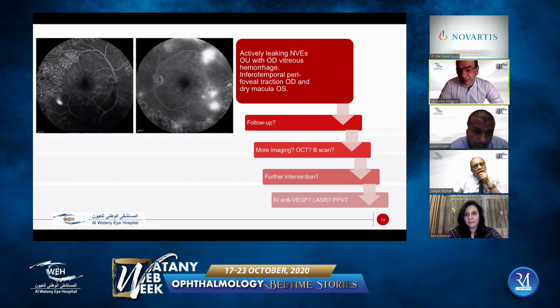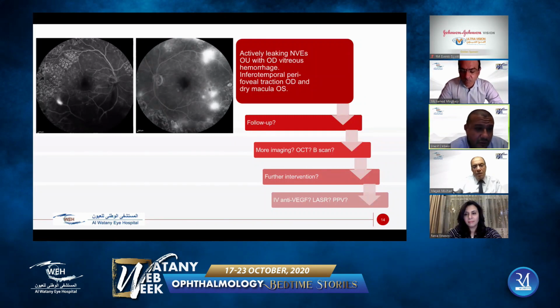I agree with you that probably those skip areas of laser at the beginning, and a treatment that was not that aggressive, led to this appearance. But usually, yes, I face those cases, especially when the patient is treatment naive and I do a complete scatter with or without anti-VEGF treatment. Usually down the road, in 3-4 months, I can see the recurrence of neovascularization like this.